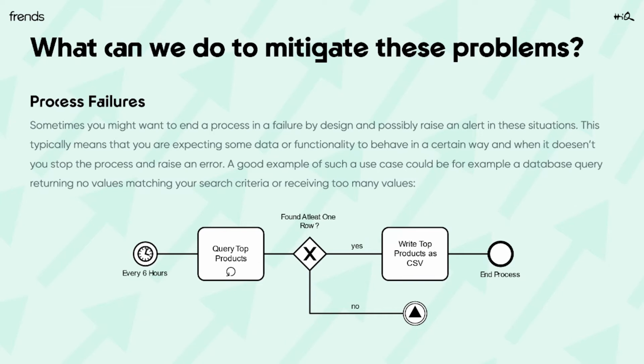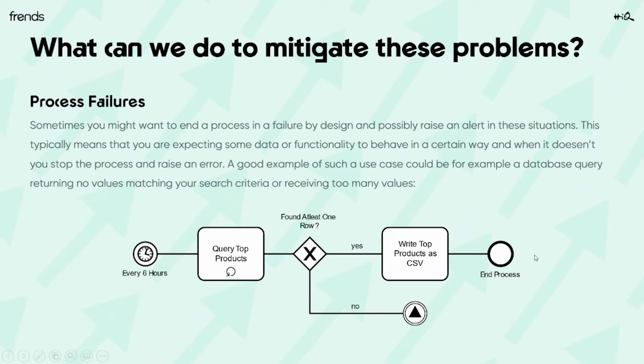And that might mean it's an error, but it might also not be a problem. So depending on the use case, it might be an exception that we get no products out of our SQL query, but it might be something that we are actually expecting not to find if we are, for example, checking for the existence of some sort of a data row or the result of a query.